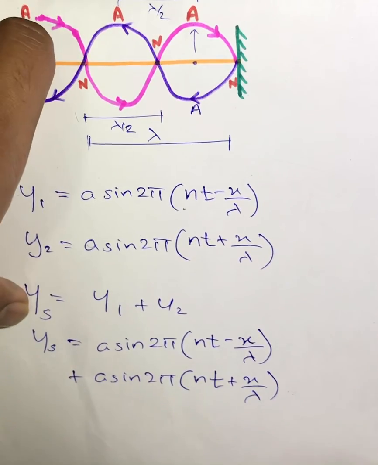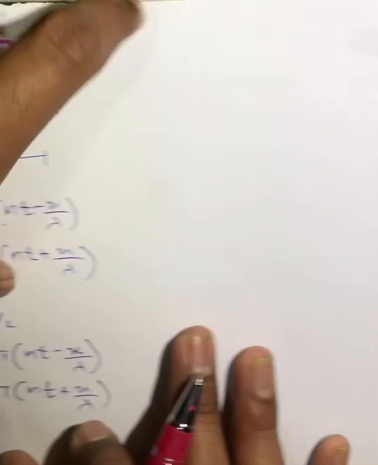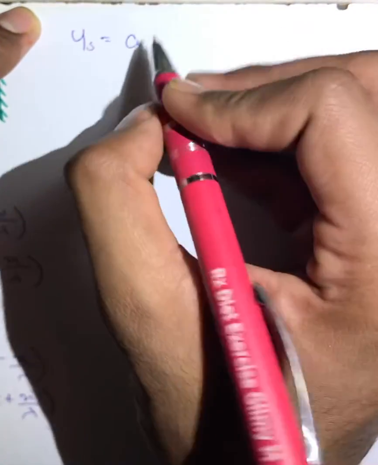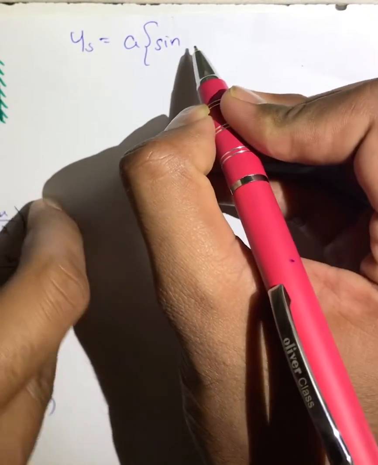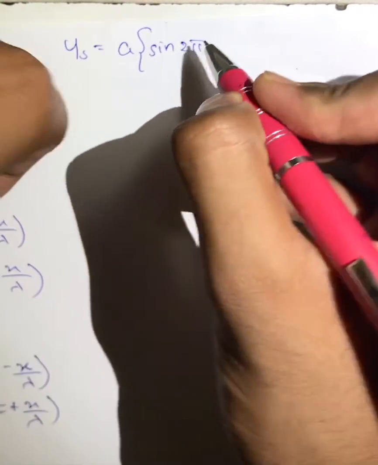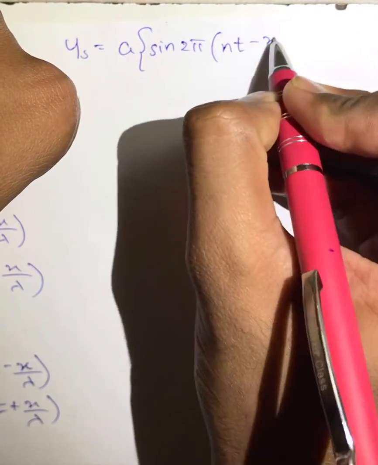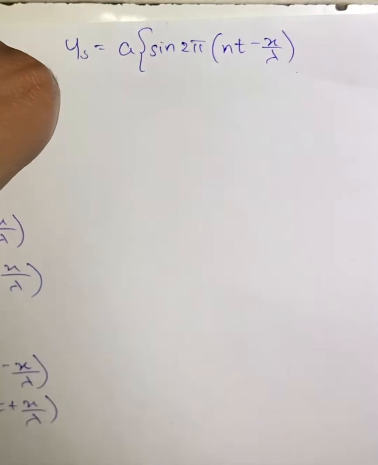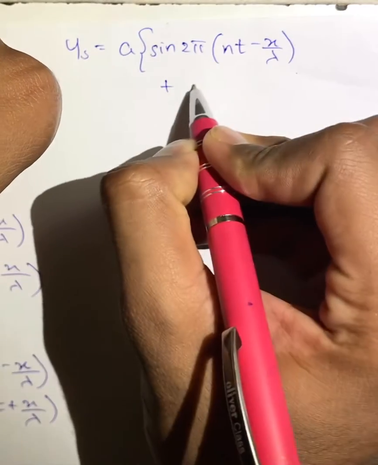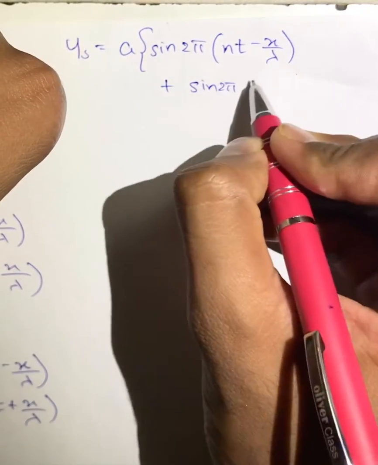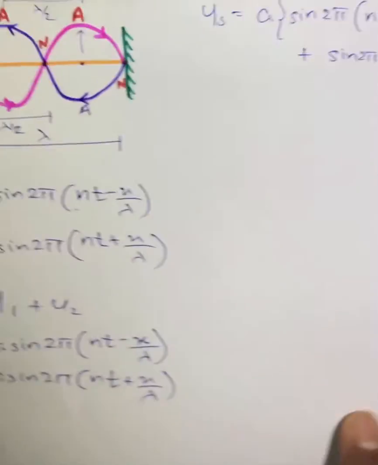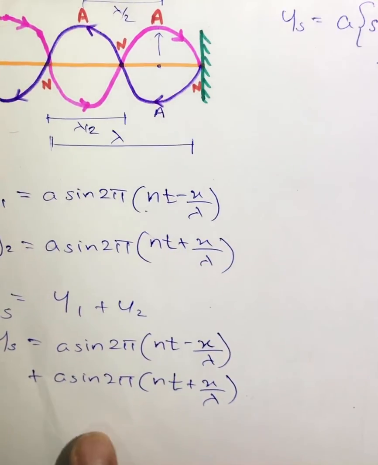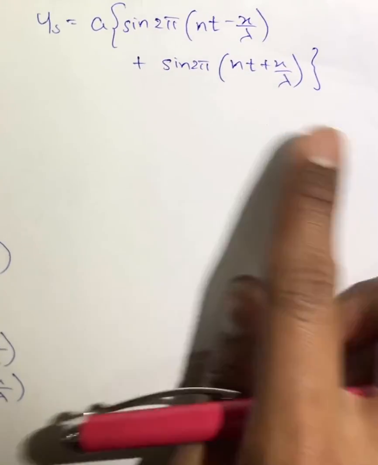So let's take a common. Simply from here we have taken a common and we have written the same equation over here.